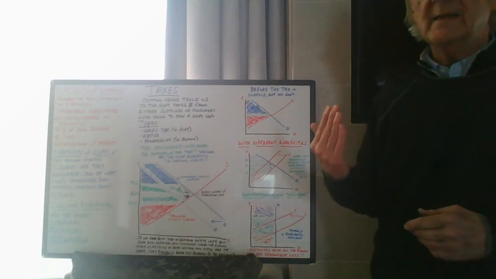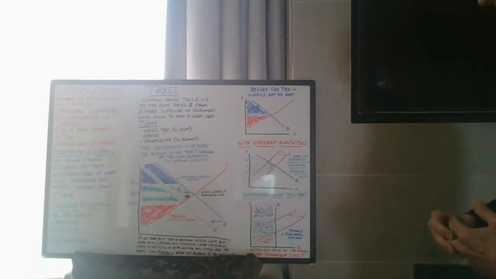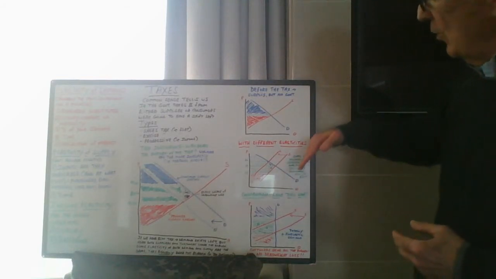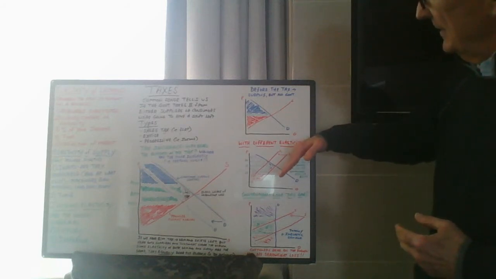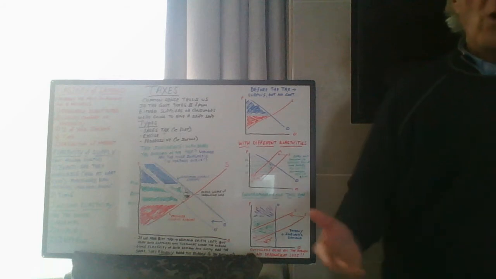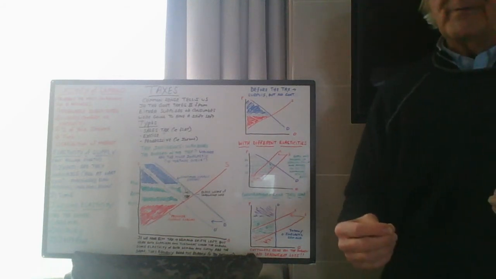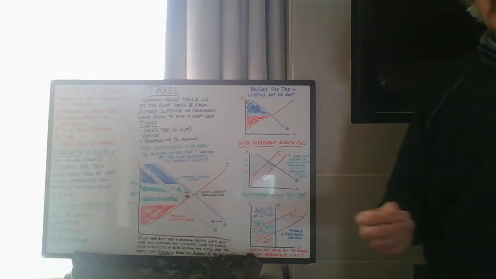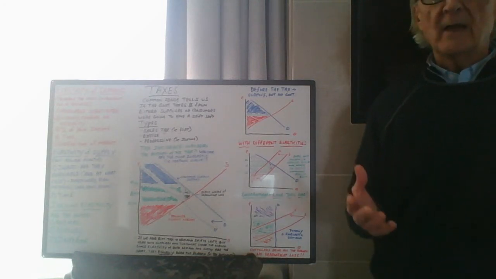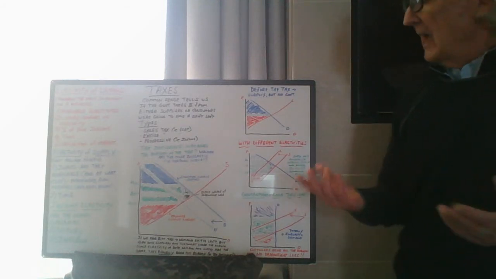It's more inelastic. Well, if we had a tax here, with the supply curve being more inelastic, guess what? They end up picking up more of the burden of the tax. And if you ever see that in a question, who picks up more of the burden of a tax, it's whoever has the more inelastic curve, supply or demand.